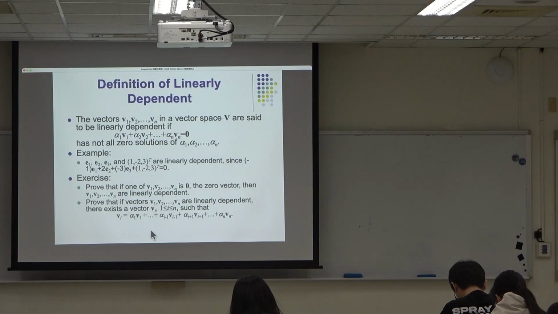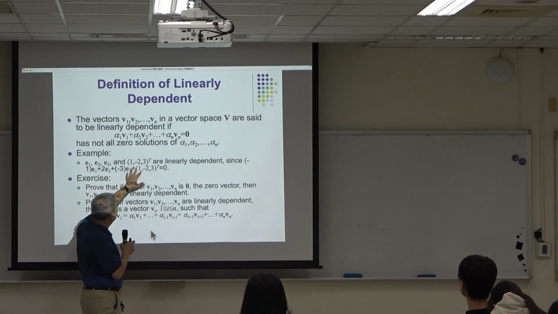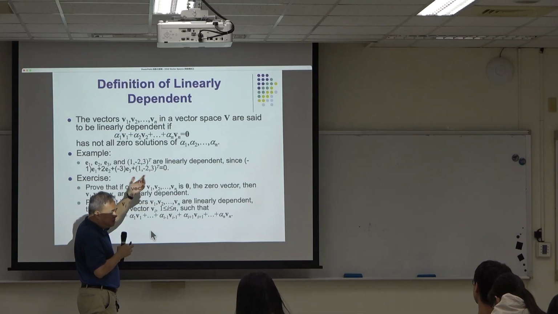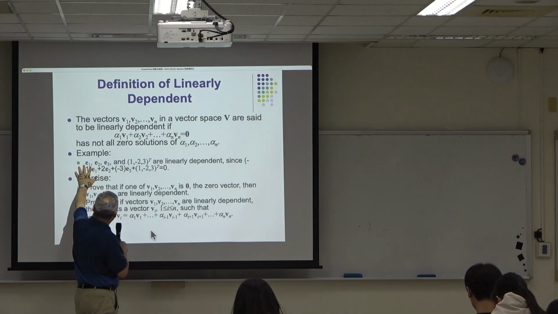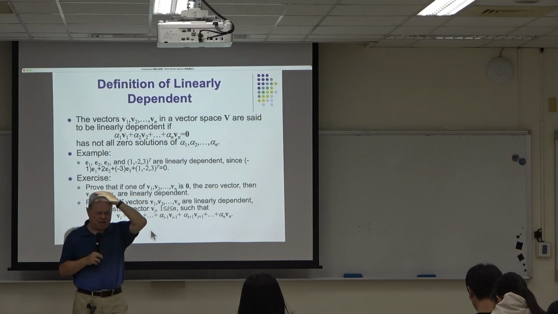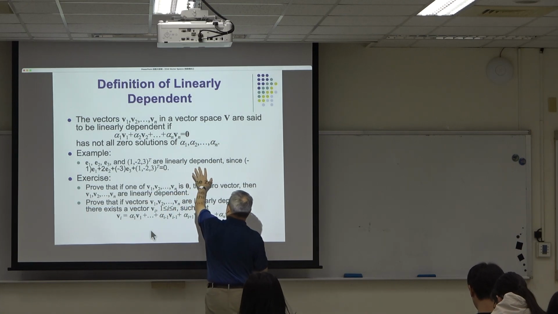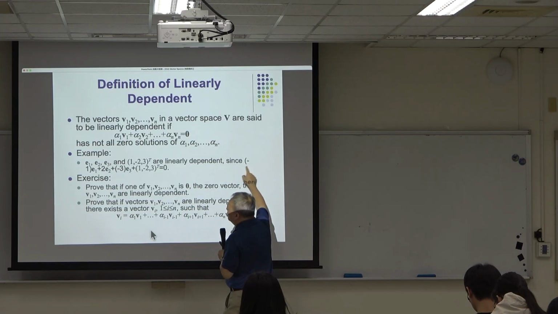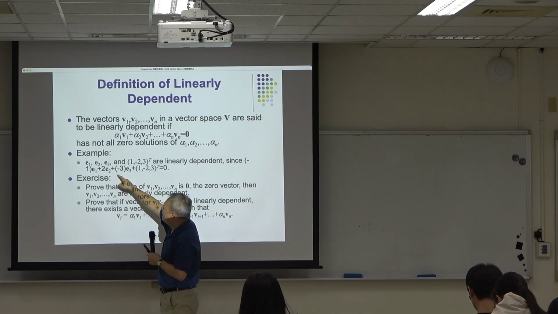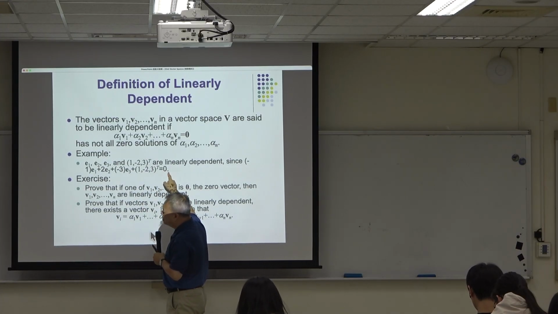So for example, E1, E2, E3, and (1, -2, 3). This one is similar to what we previously saw. We said these four vectors span R3, right? But actually, these four vectors are linearly dependent because we can see negative 1 E1 plus 2 E2 plus negative 3 E3 plus this (1, -2, 3) equal to 0.